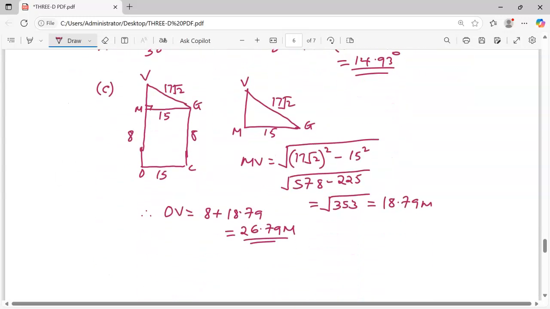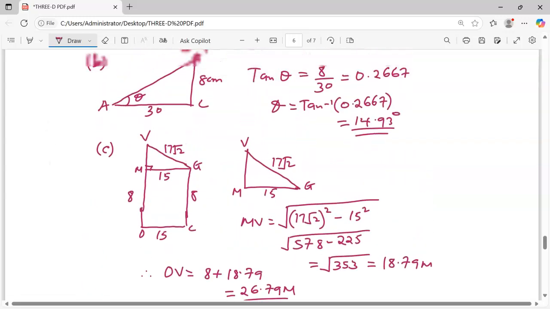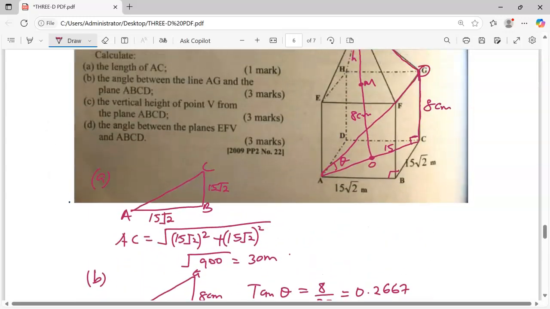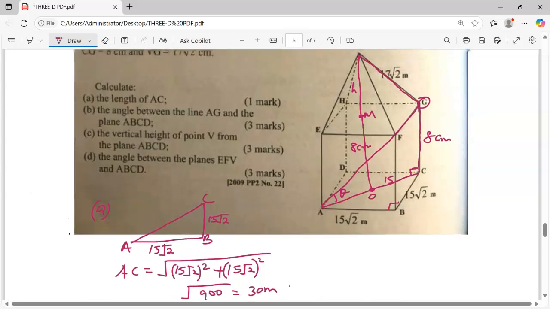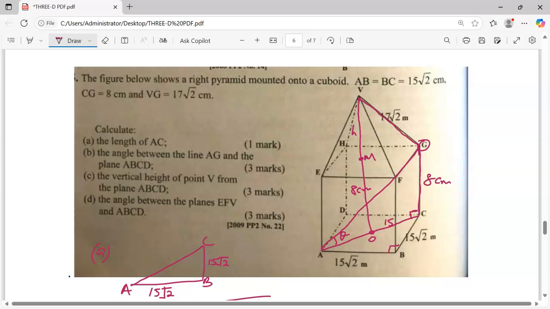Having squared part C very well, we can now move to part D. In part D, we are told to find the angle between the planes EFV and ABCD.